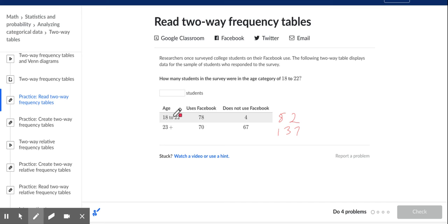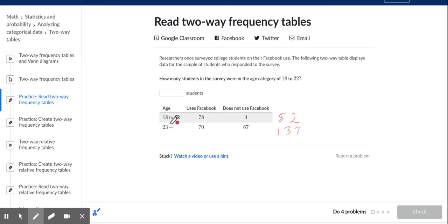Notice that these two things are mutually exclusive. You can't be in both of these groups, and you can't be in both of these groups. So I know that these numbers are true because I know that there isn't somebody who's somehow in both of these groups. You either use Facebook or you don't. You can't put yes to both of those things. You're either between 18 and 22 or you're 23 and above.